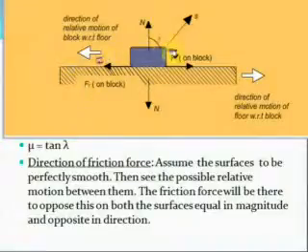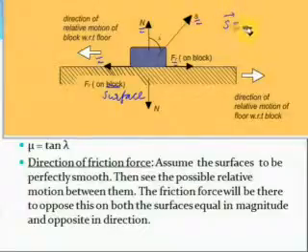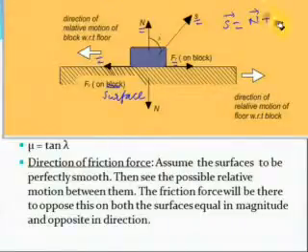So the force of friction acting on the block is Fr, which will be in the right hand direction, and the force of friction acting on the surface is again Fr, which is acting in the left hand direction. Now here N is the normal reaction acting on the block, so the total reaction force, that is S, which is acting on the block, will be equal to the vector sum of the normal reaction, that is N, plus the friction force, that is Fr.